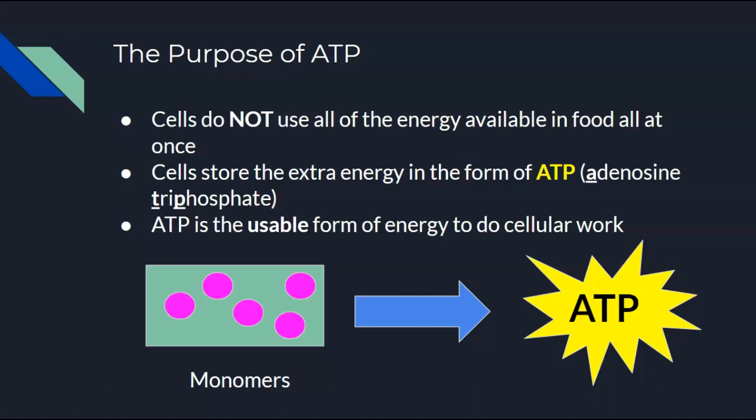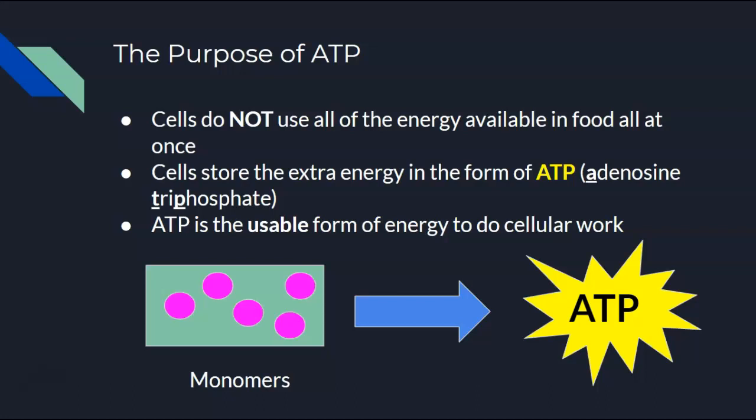And the way that I can do that is because my cells are going to store that extra energy in the form of ATP. So I don't use all my energy at once. Instead, I store extra energy in this form called ATP. And ATP stands for adenosine triphosphate.